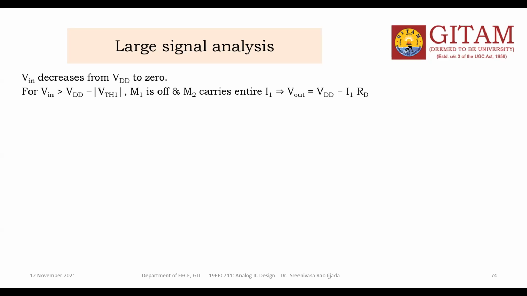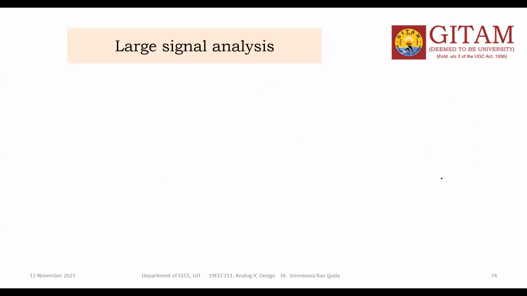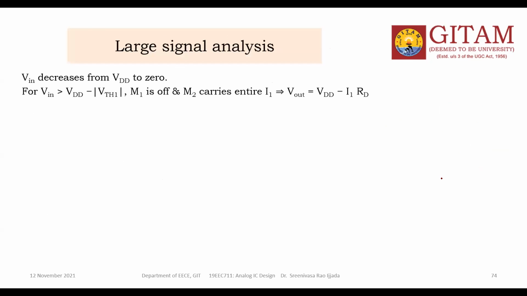Whenever your input voltage is greater than VDD minus VTH1, M1 is off and M2 carries the current I1 because it is already biased. Otherwise, suppose M1 is off, definitely the current flows like this because this is already biased and in saturation. So the output is equal to VDD minus I1 into R2.